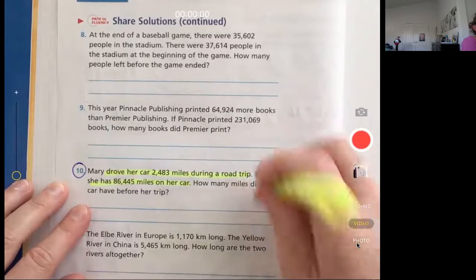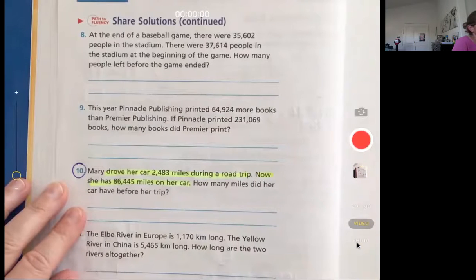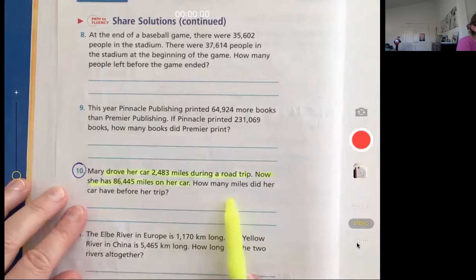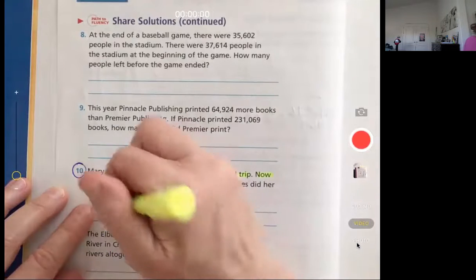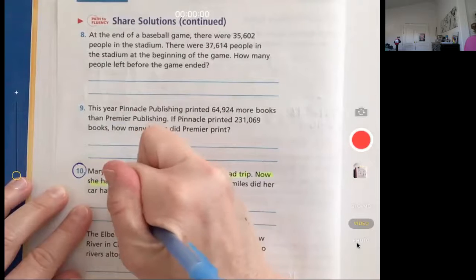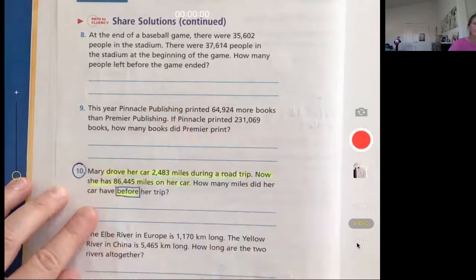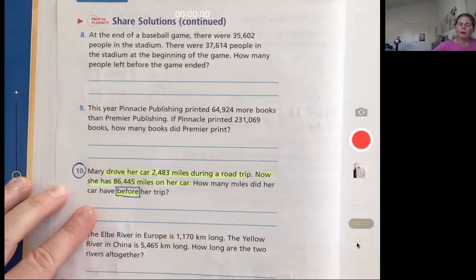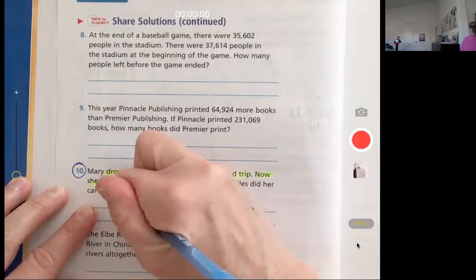That's an important word, actually. I'm going to make sure that I put that now. So how many miles did she have before? I'm going to put a box around that before. That means that I have to go backwards, right? When I go backwards, that means I'm taking away something. So I'm going to put a minus sign.